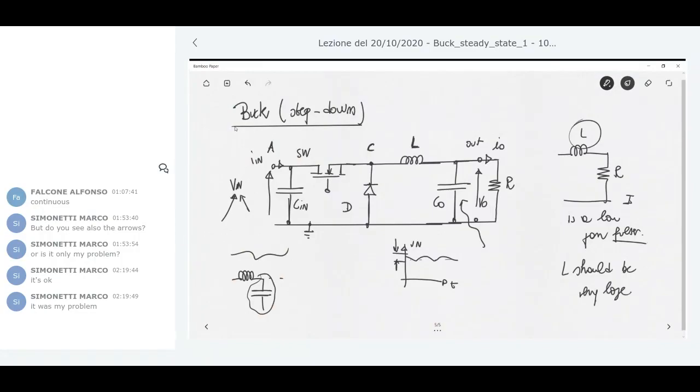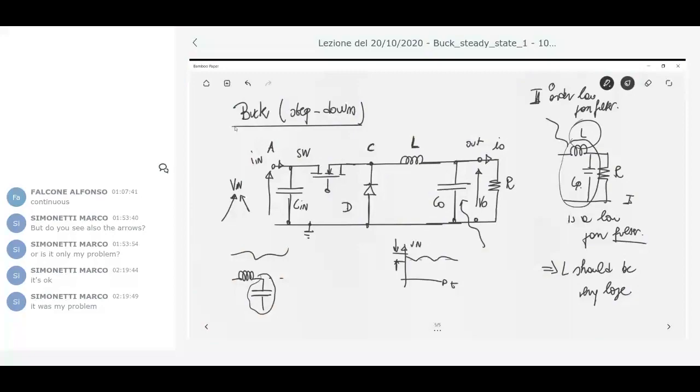The same behavior can be obtained by adding a capacitor here, which now is called C0, and in this case I have a second order low pass filter. Second order means a steeper response to the noise, because in the Bode representation the filter cuts out high frequency at a rate of 40 dB per decade instead of 20 dB per decade.